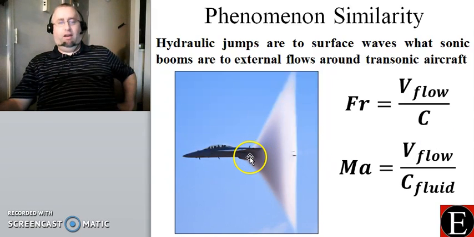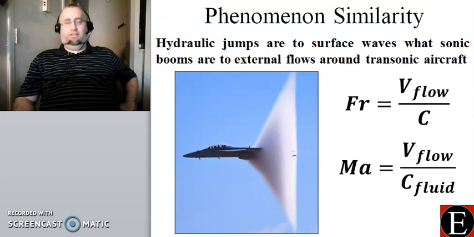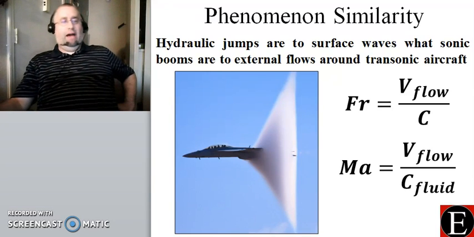What I have here is an image of a jet fighter aircraft that's passing from subsonic to supersonic velocity, and in so doing it's creating this sonic boom, which is essentially a shock wave of that particular shape, because this is a bow shock produced by the leading edge of the aircraft as it pushes through. It's a dramatic change in the thermodynamic properties of the fluid, which causes a mass condensation of water vapor that makes it look like a cloud.